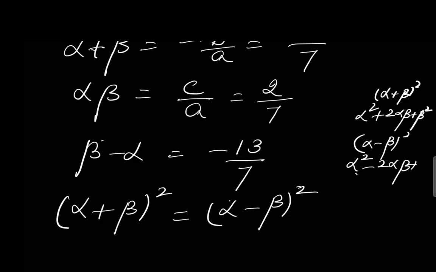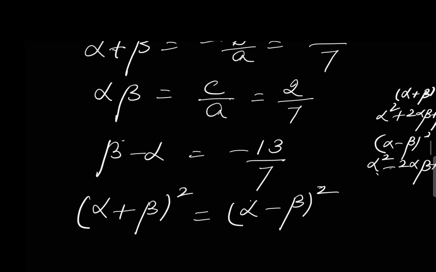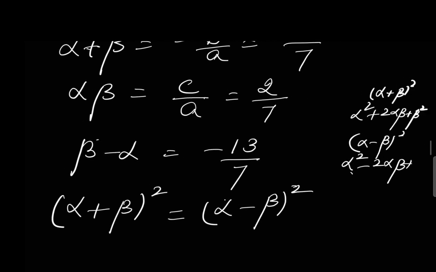When these two become equal, here also alpha squared, beta squared you have. Here 2 alpha beta you have, but here minus 2 alpha beta you have. So when these two are equal, I need one more 2 alpha beta. So minus 2 alpha beta plus here 4 alpha beta.